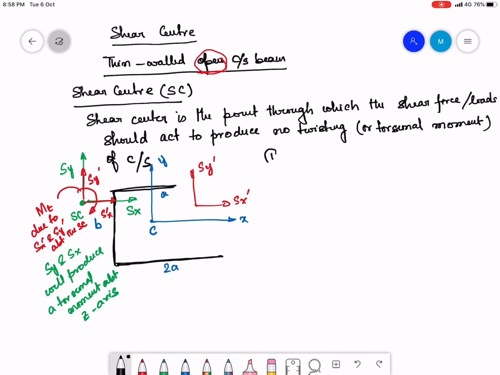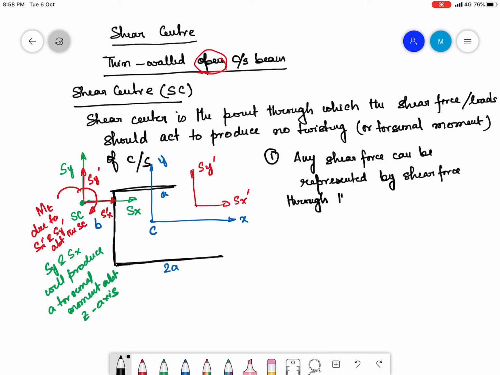So the first point is that any shear force can be represented by a shear force through the shear center and a torque. Okay, so that is the first point.